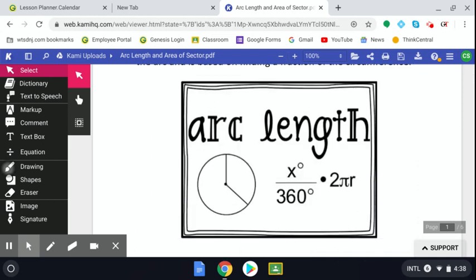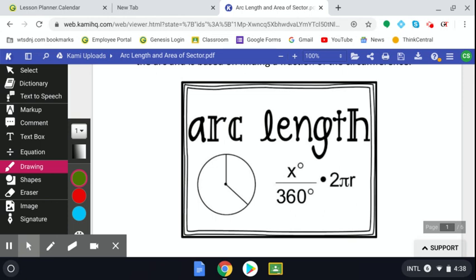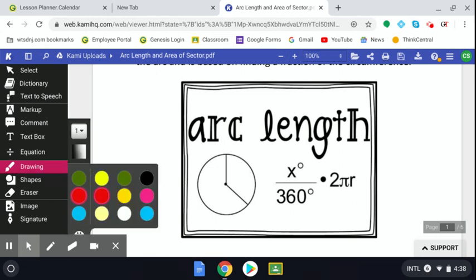If you remember when we learned about circumference, the formula for circumference was 2 pi r, right? But if you just want to find a portion of the circle, not the entire circle, you need to state what fraction of that circle you're going to talk about, which is going to be out of the total degrees in a circle, which is 360.